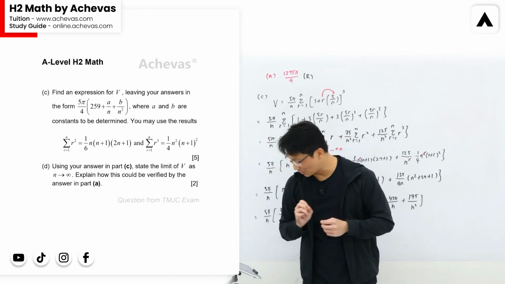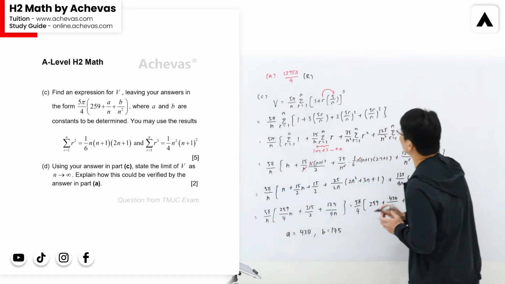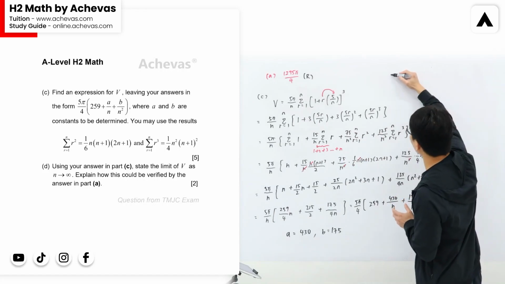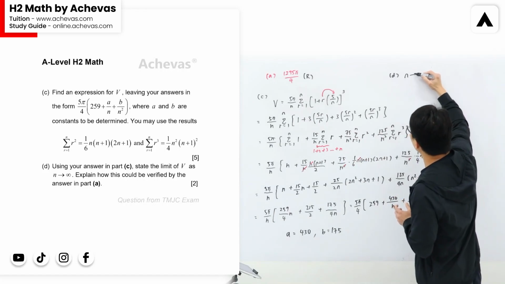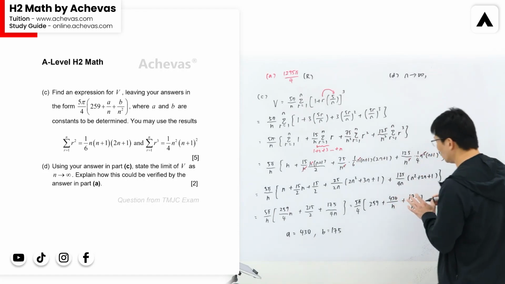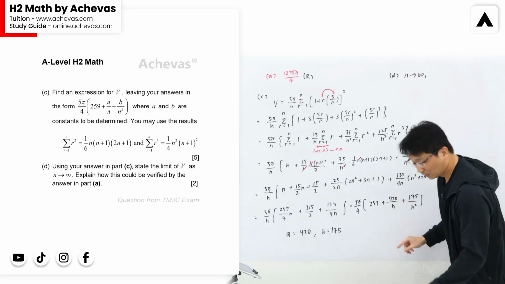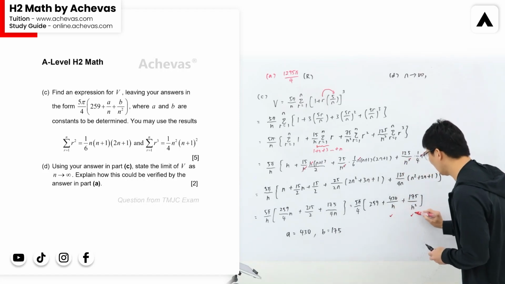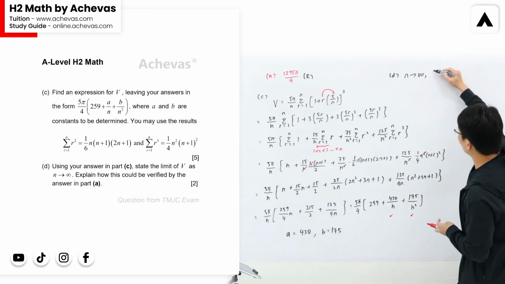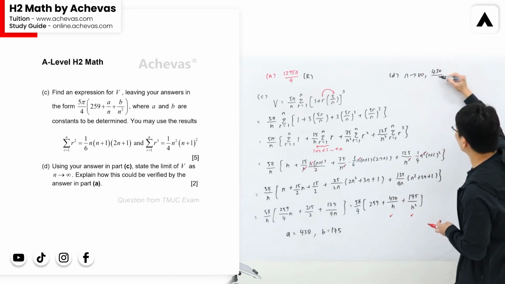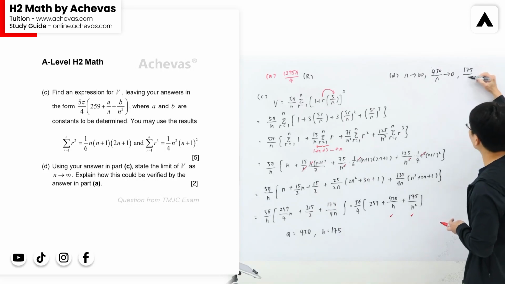All right, so how are we going to write down our presentation? I'll write down something like this. When n tends to infinity, we are going to extract out the terms that are affected by n, particularly this term and this term here. So we mention 430 over n will tend to 0, and 175 over n squared will also tend to 0.